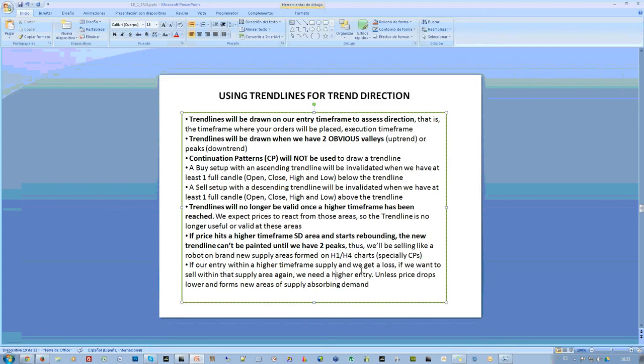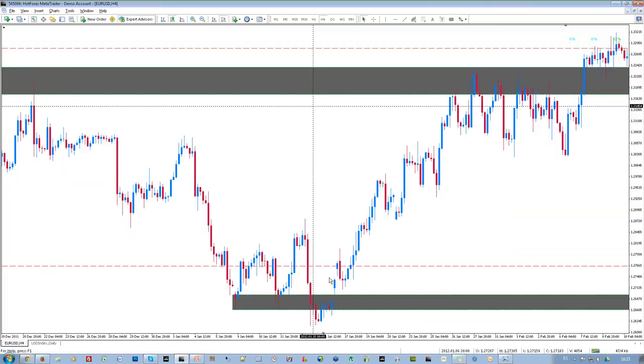Unless price rallies and forms a new area of demand, absorbing supply. This is the opposite. I mean, this was an example, and we are on the opposite. So this trade was okay, and now this trade is not okay because we have already traded it. It's not fresh, so no longer allowed.